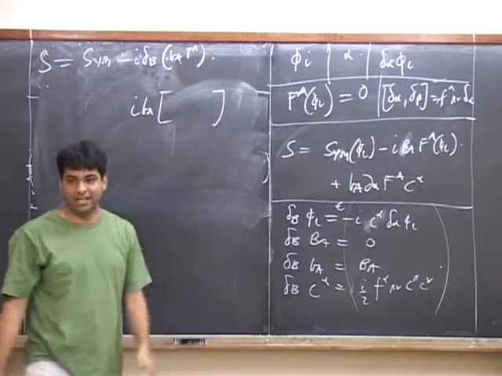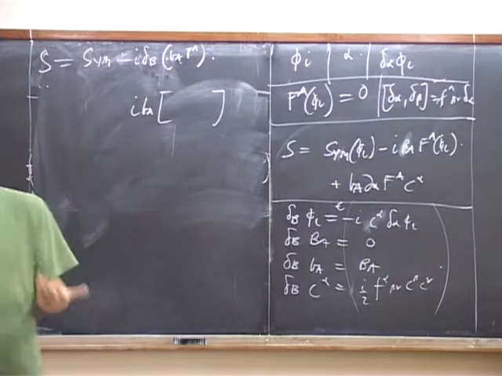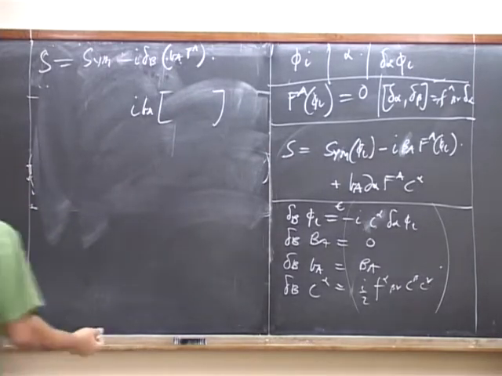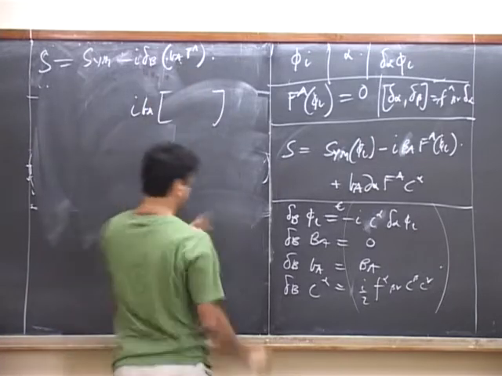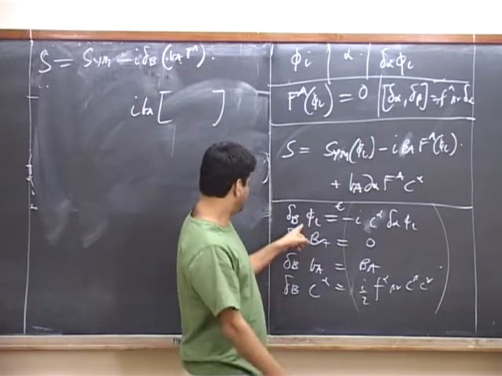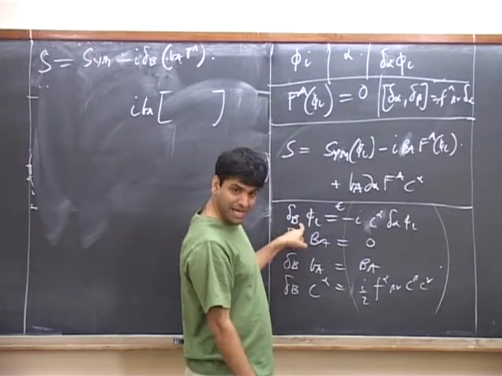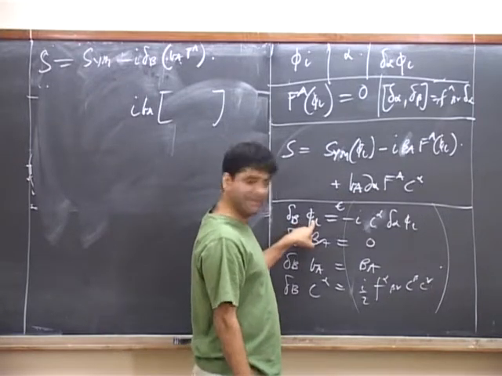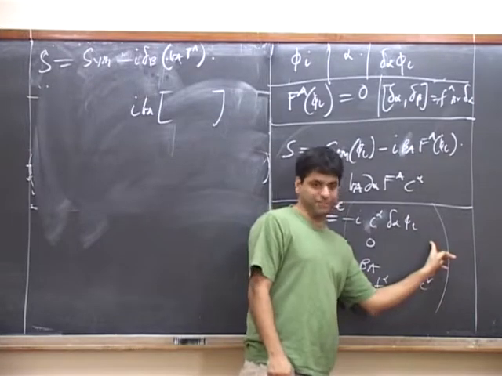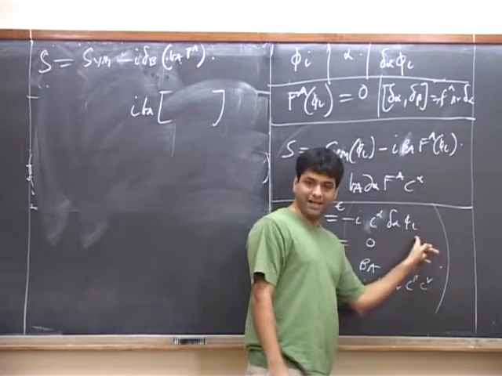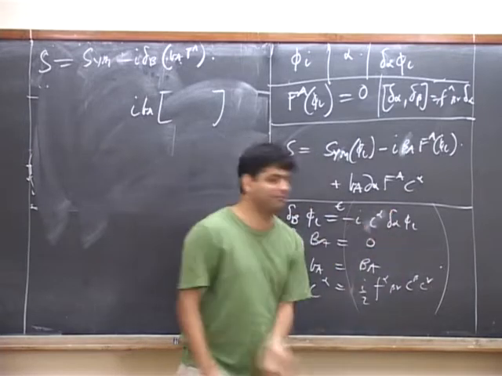Now how does F A vary? It varies because phi varies. The first thing I should have said is that the action of the BRST transformation on the field phi I is simply the action of a gauge transformation on the field phi I with gauge parameter C alpha.